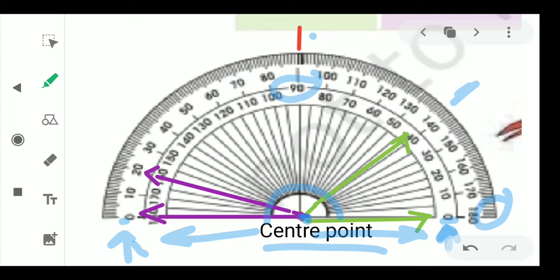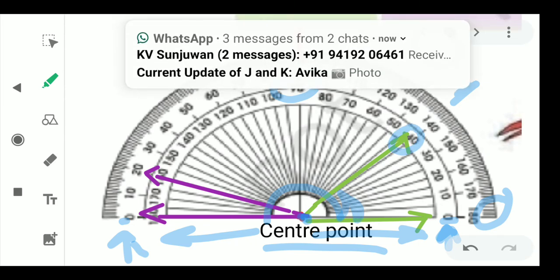If we measure an angle from the right side, we note down the inner reading. If we are measuring from the right side, like this, we will note down the inner reading, this one.